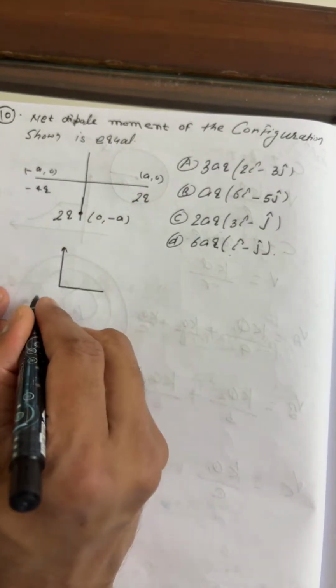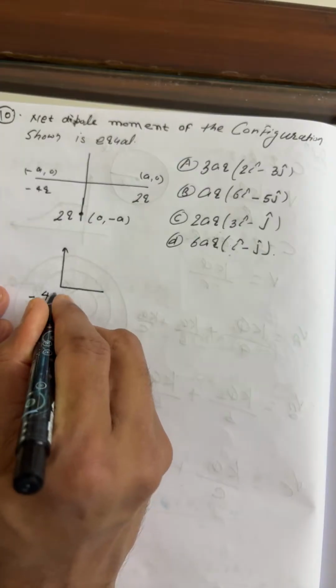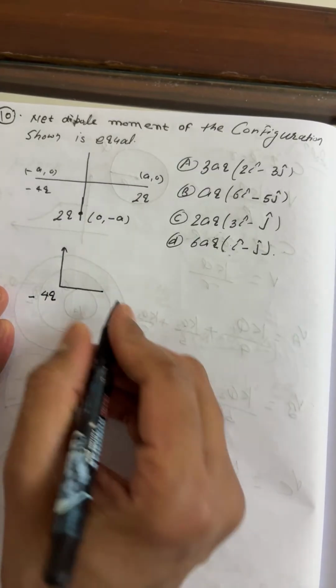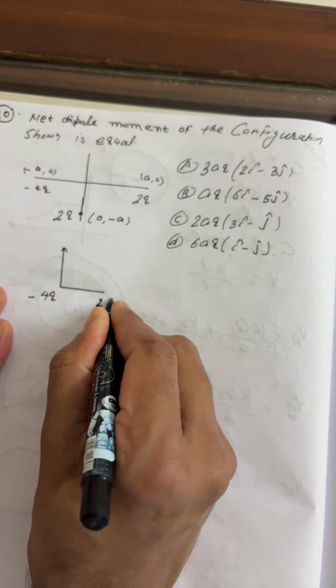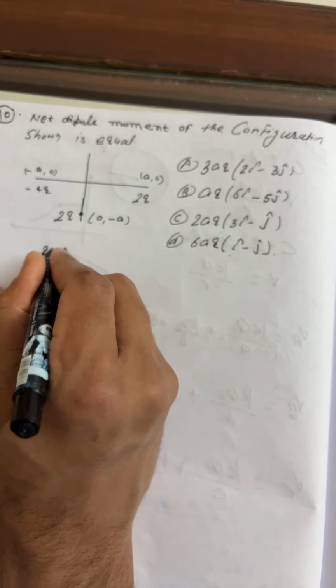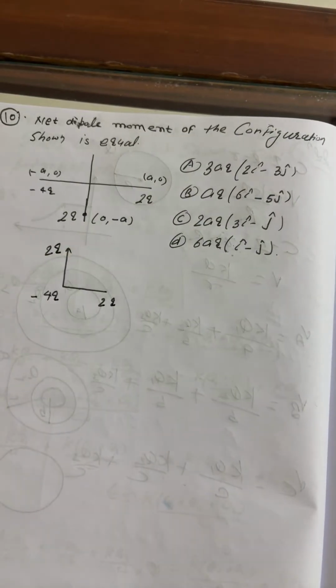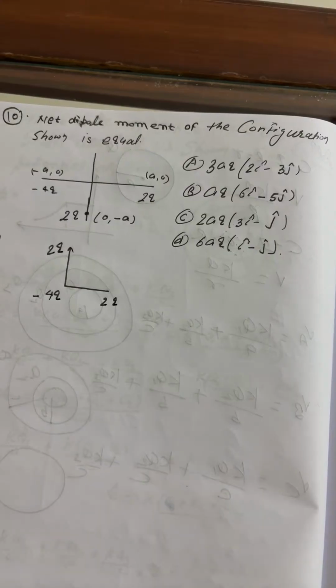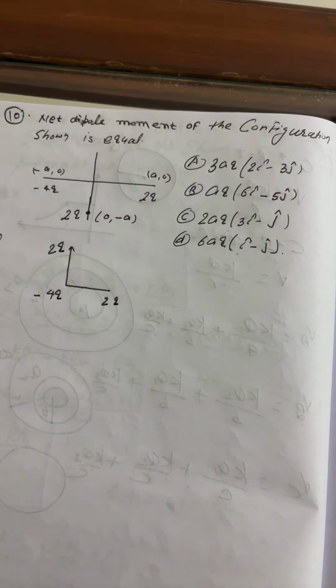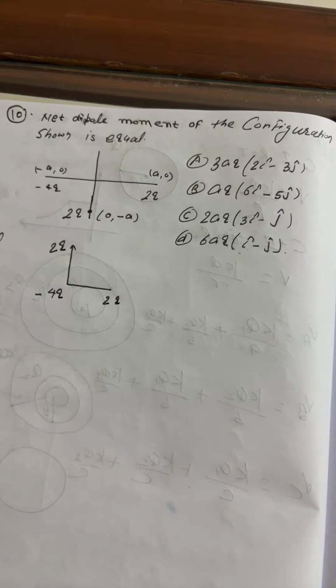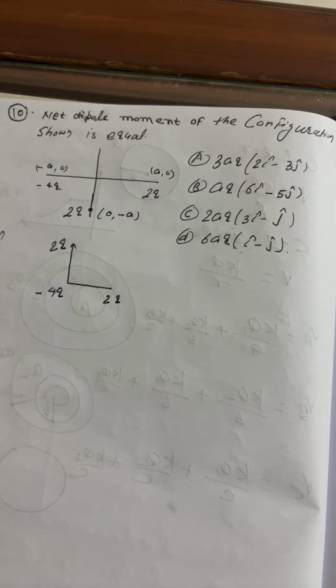You can understand this question easily. Let us suppose, as I already did in the classroom, this is minus 4q, this is 2q, this is 2q. What is the meaning of dipole? A dipole is a pair of two charged particles, both the same in magnitude and opposite in nature.